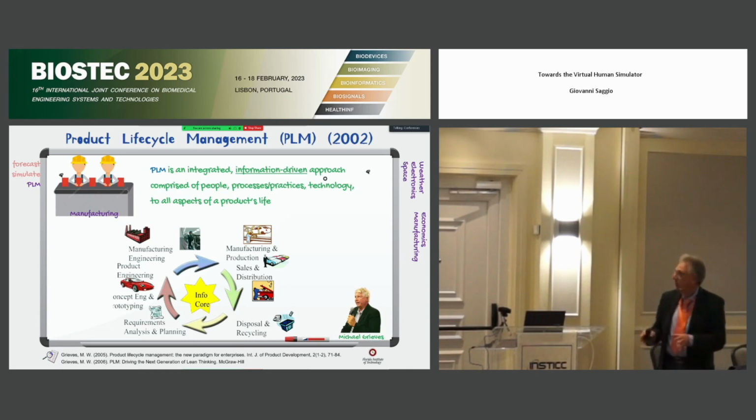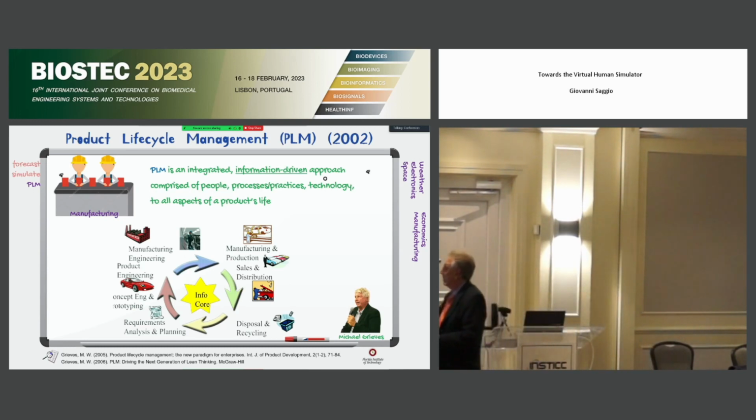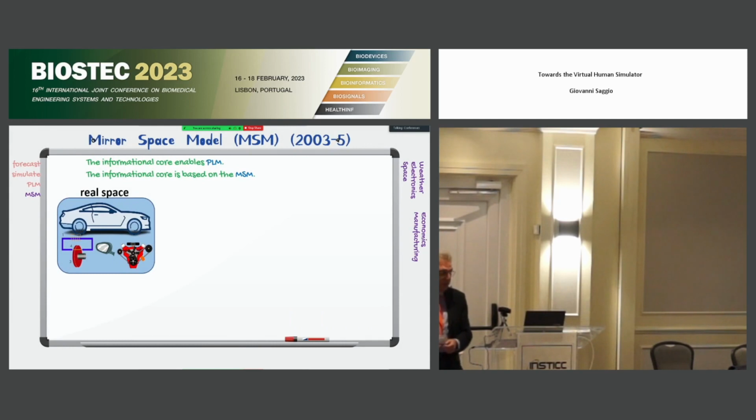Okay, so he proposed this term, and after this term, you see that the simulation, apart from the weather, the electronics, the space, went to the economics field and to the manufacturing field. And after that, two years later, again, Grieves gave this new concept that was the mirror space model, MSM.